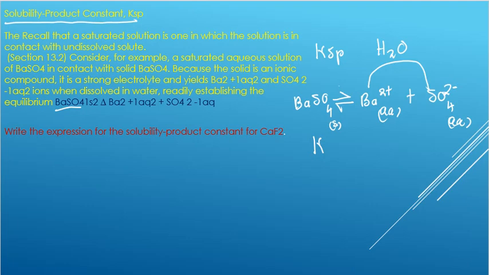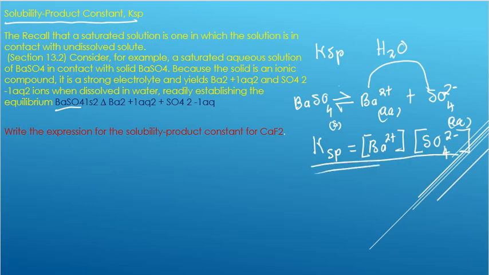Our solubility product constant, KSP, is going to equal the concentration of barium ion multiplied by the concentration of sulfate ion.